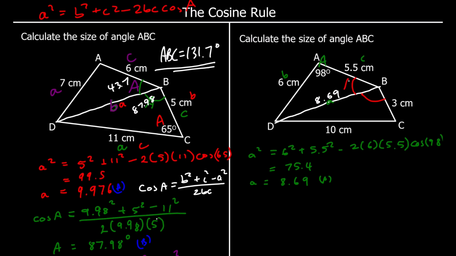So this one will be big A, opposite it little a, and then B and C. So to find this angle, we are going to say cos A is equal to B squared, 8.69 squared, plus C squared, minus A squared, over 2BC.